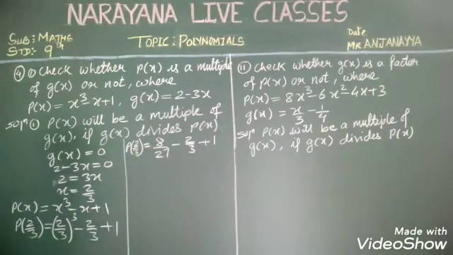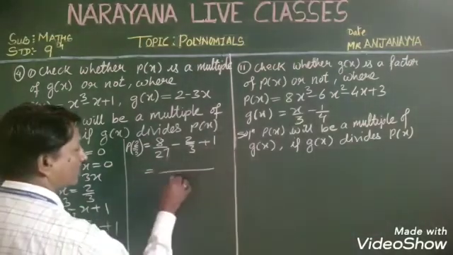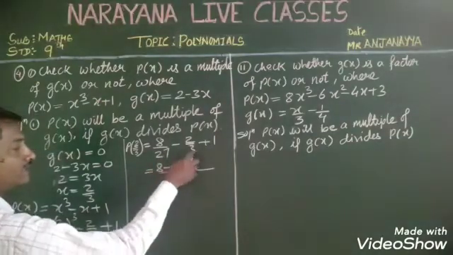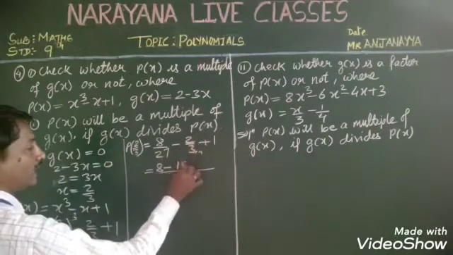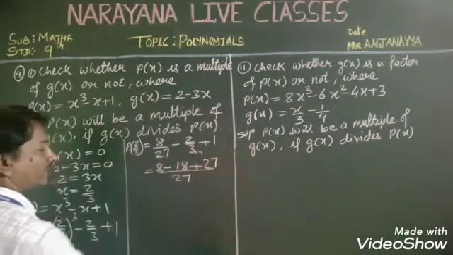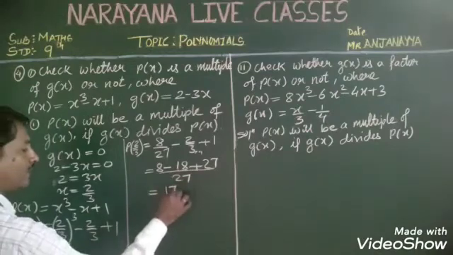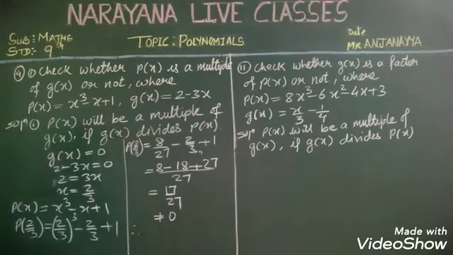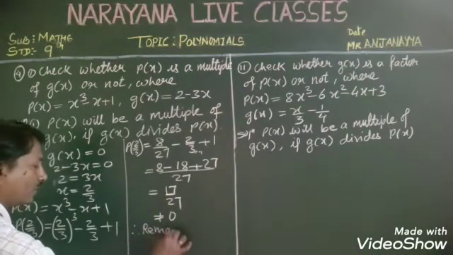Now what do I do? I take the LCM, the common denominator as 27. In the numerator you get 8 minus, this is into 9, so 9 2s are 18, plus 27. So what do we get? We get 17 by 27, which is not equal to 0. Therefore, we say the remainder is not equal to 0.